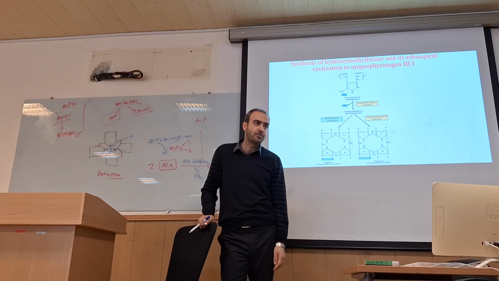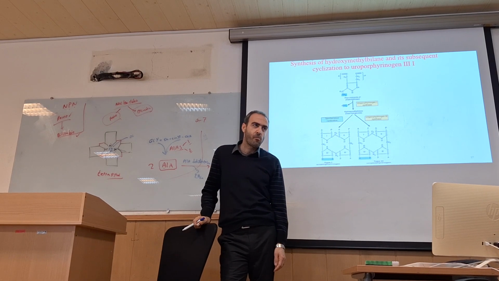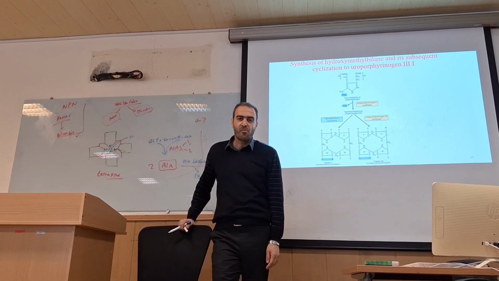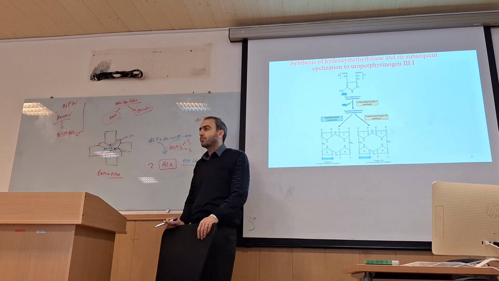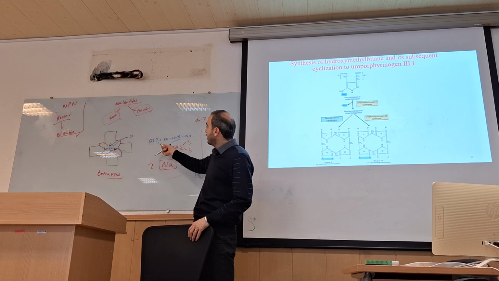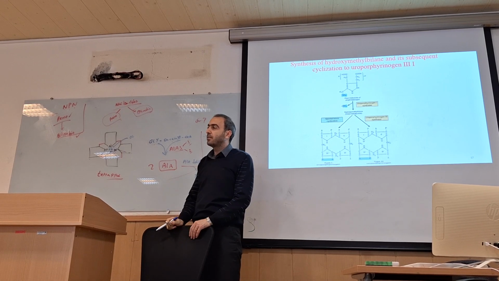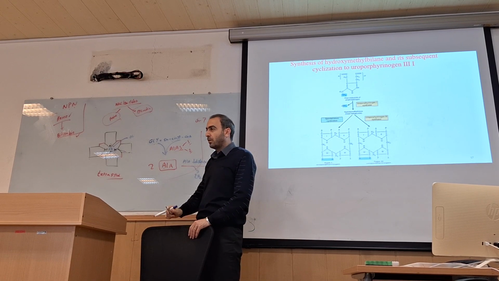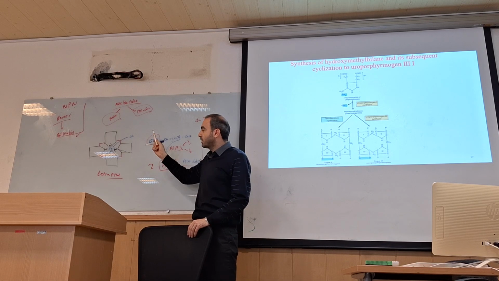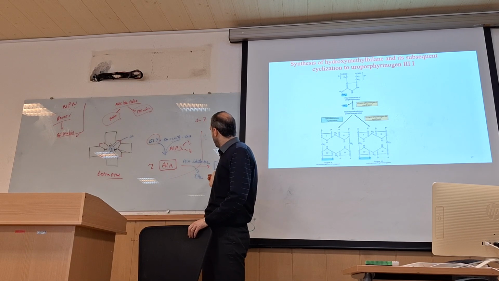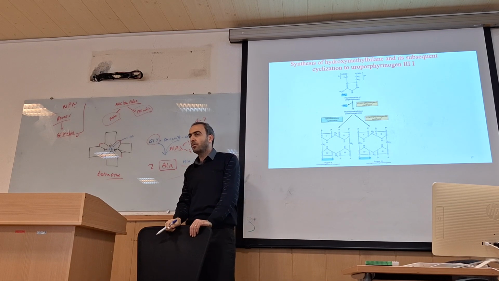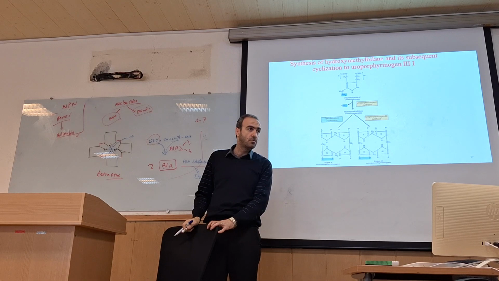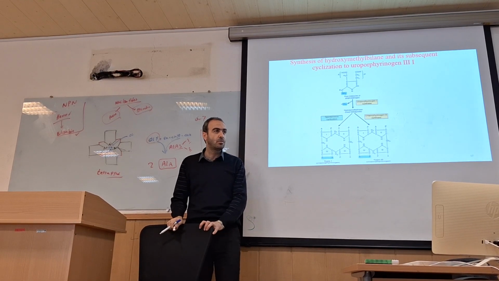Actually 8. Why 8? Because for the first step, we need 1 glycine and 1 succinyl CoA to produce 1 ALA. And again, we need 2 molecules of ALA, so we need 2 molecules of glycine. Then we need 4 molecules of PBG, so if you multiply 2 by 4, it gives us 8. 8, not 1.